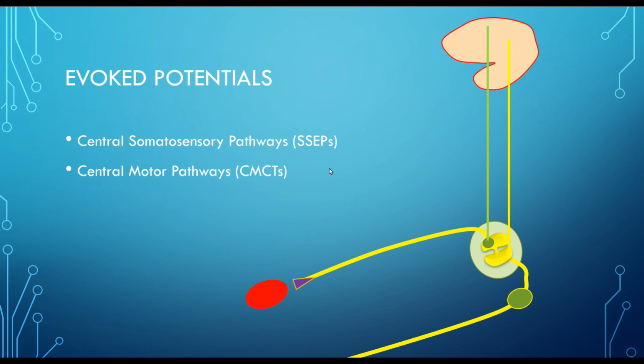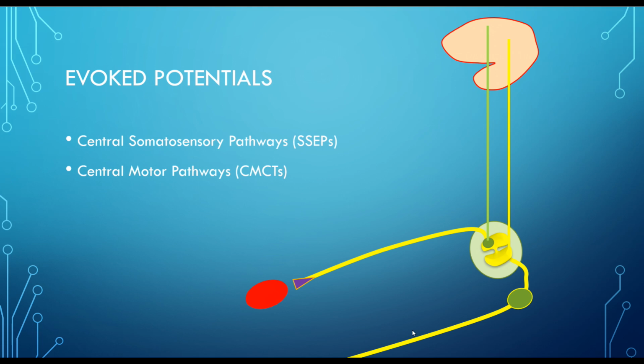For the evoked potentials, we can either look at the central pathways, the central somatosensory pathways via SSEPs, that's the somatosensory evoked potentials, or we can look at the motor pathways with the CMCTs. That's when you stimulate magnetically over the cortex, which stimulates the central pathways to the anterior horn cell, and then one can subtract off via the F response what the central pathway conduction is like.